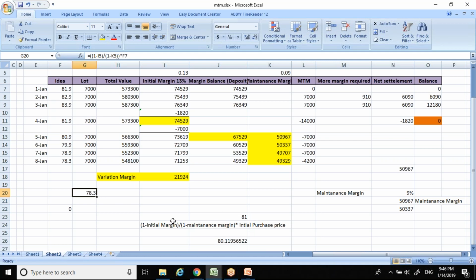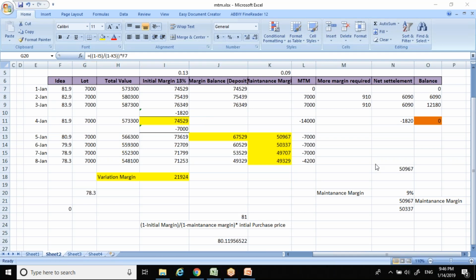Now, as we understood about the maintenance margin and the initial margin concept, normally the initial margin is set by the exchange, and some of the brokers apply some haircut on the initial margin. Haircut is basically they increase the initial margin. So the exchange may have an initial margin requirement of 10%, the broker may ask you for 12%.